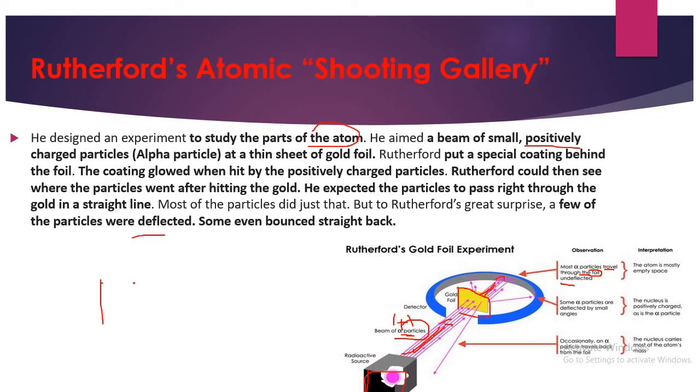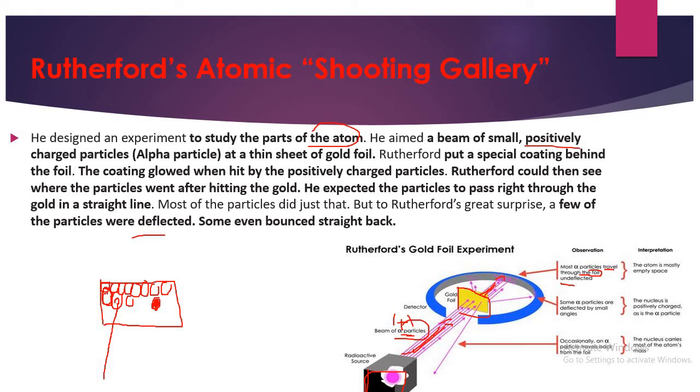Let's imagine this is a gold foil. It is made of atoms. By passing an alpha particle through, when it travels through the foil, this means that the atom is empty space.